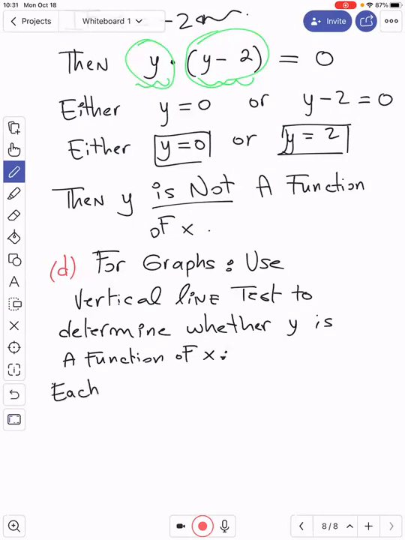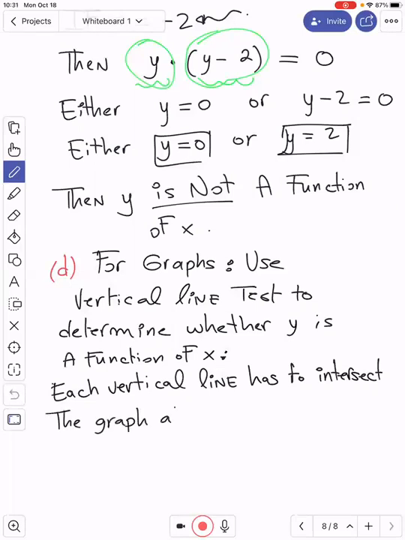Each vertical line has to intersect the graph at no more than 1 point. So here in D, of course, any vertical line you take is going to intersect the graph at no more than 1 point.